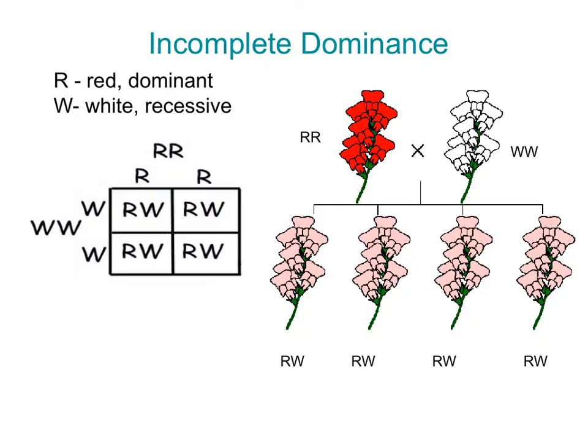Visual to show you what we mean. Okay? Again, R is red, that's dominant. W is white, that's recessive. So if I were to cross a red flower with a white flower, I would get all pink offspring. Again, incomplete is in between.